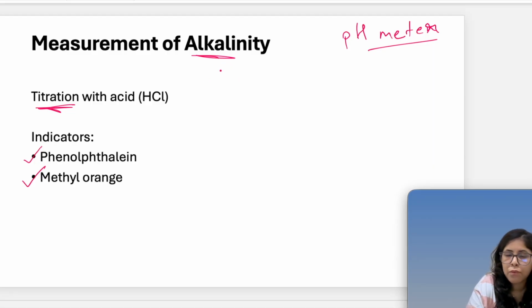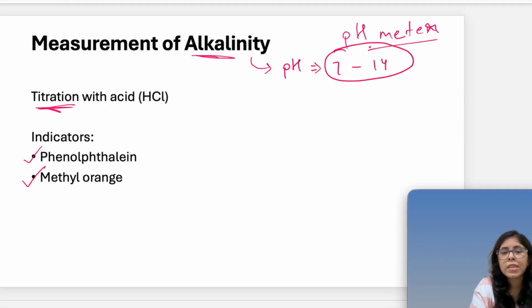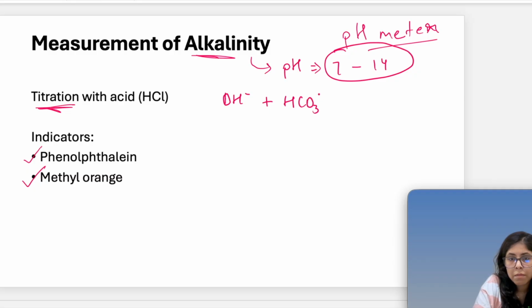The pH range for alkalinity is 7 to 14, right? If the water pH is 7 to 14, we'll say that it is on the alkaline side. Alkalinity is present due to OH minus, HCO3 minus and carbonate ions.